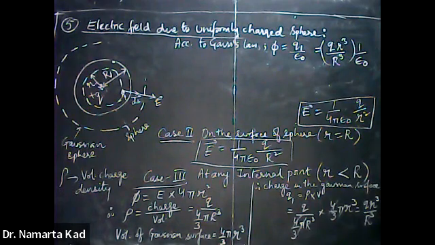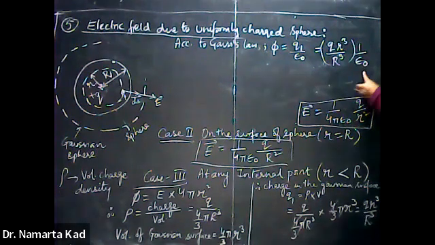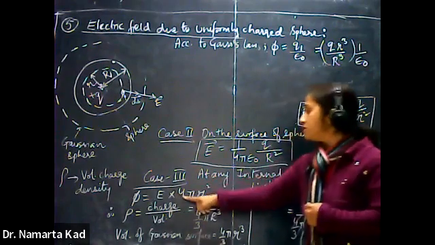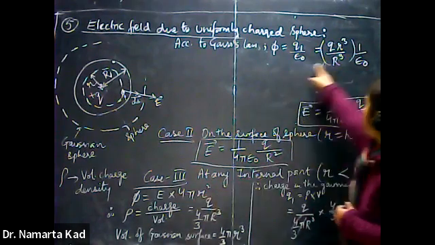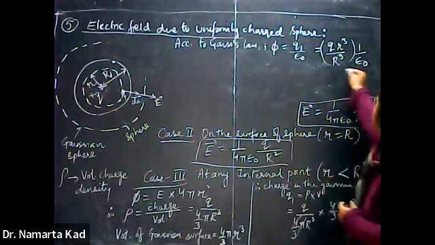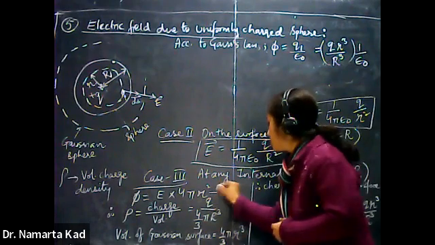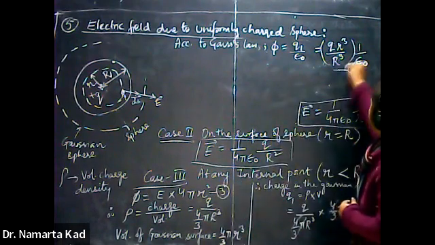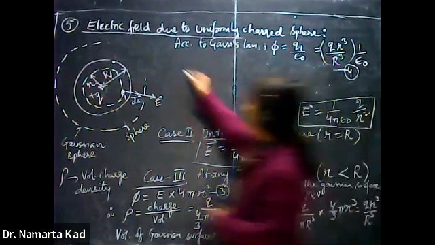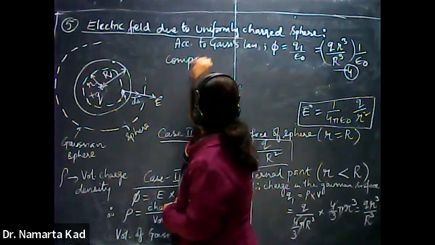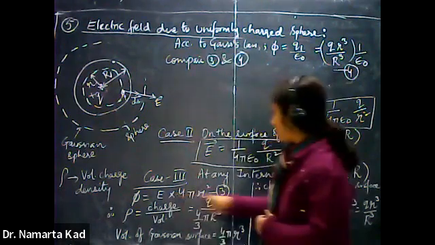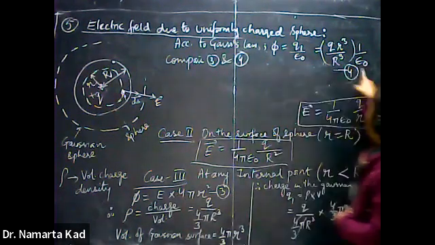Now comparing this with this phi. One phi is this, that is E into 4 pi r square, and the other phi is this much. Comparing both, you can mark them as number 3 and number 4.